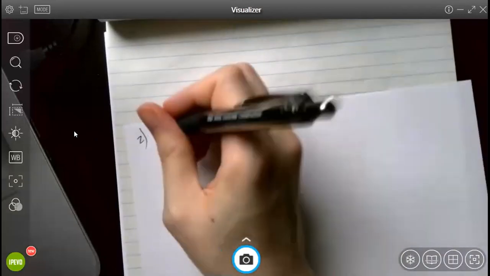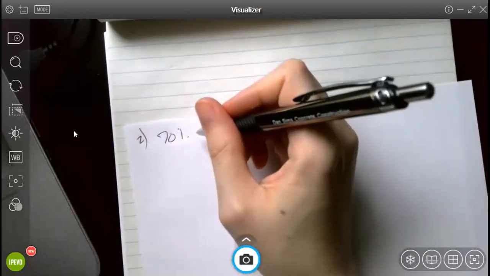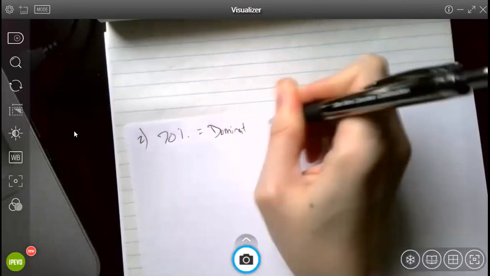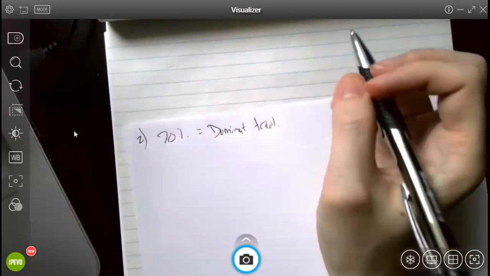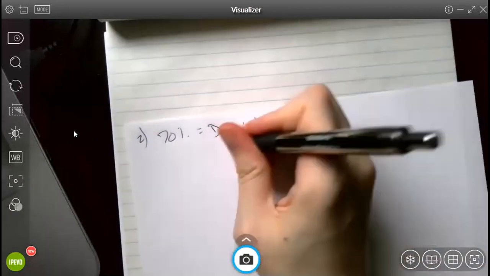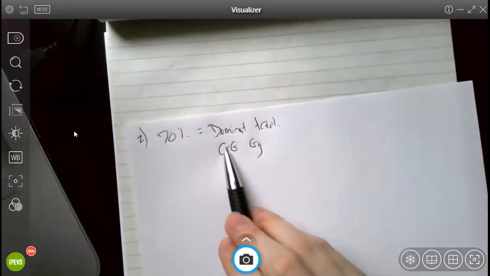Okay, so it says 70% of the population has the dominant trait, which is green. Again, the dominant trait could be 2 different genotypes.